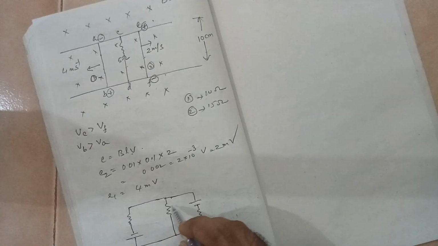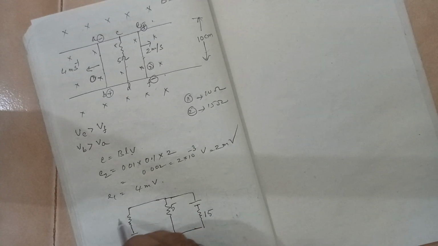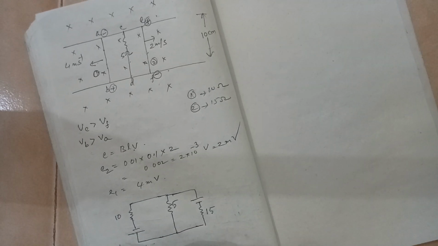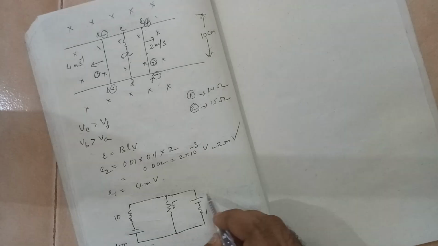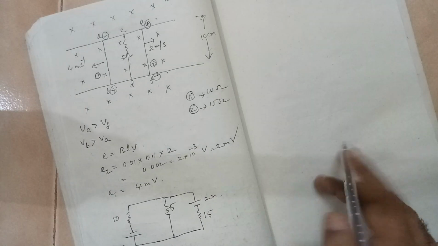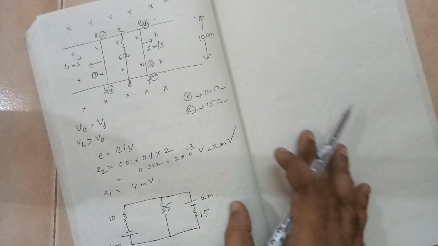In the question it is given as 5 ohms, this is 15, and this is 10. We have found that this is 4 millivolts and this is 2 millivolts. So we need to find the current that is passing through the middle 5 ohm.